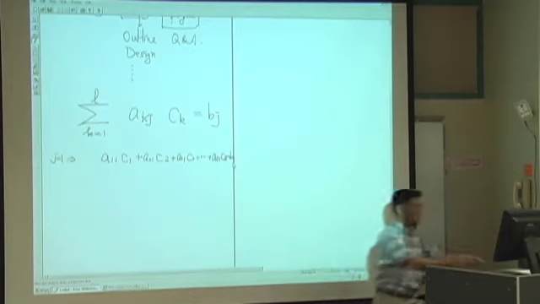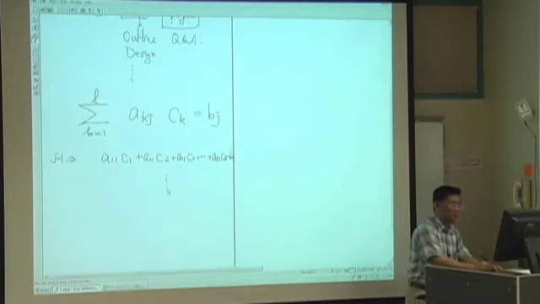And then you can write more lines. The last line is A1L C1, and A2L C2, and all the way through, and then ALL CL equals BL, right?